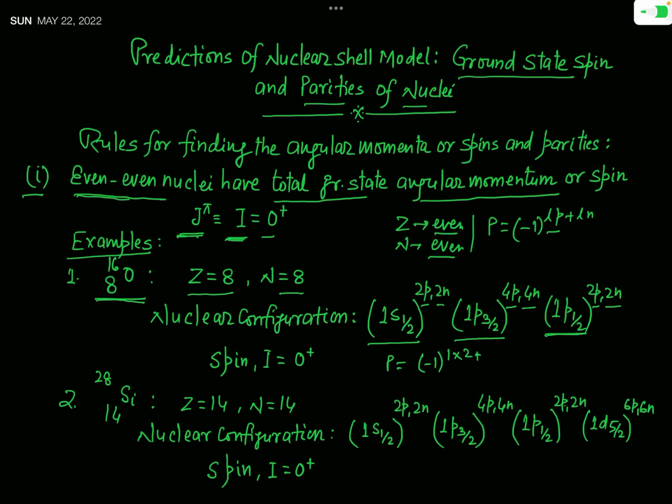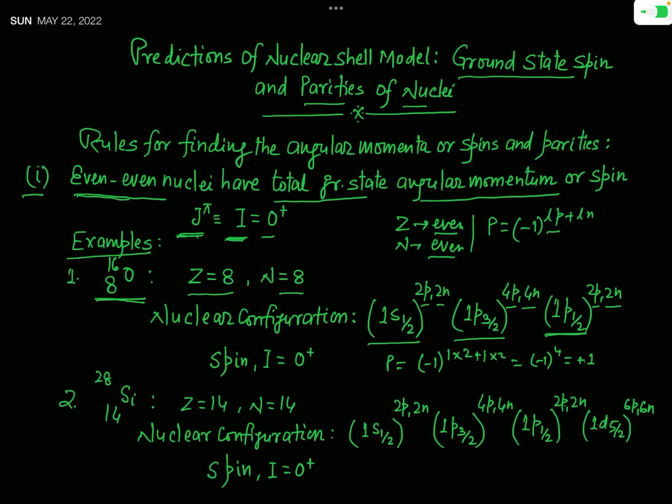So we write 2, plus again L times N. L is 1 and N is 2. So this will be (-1) raised to the power 4, and that will be equal to +1. So this nucleus will have even parity or positive parity.